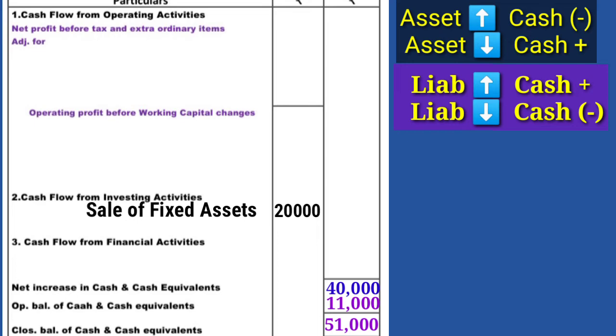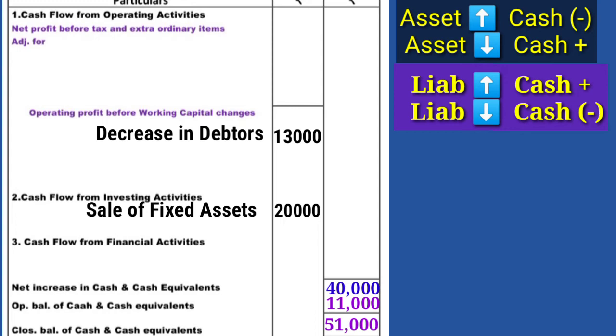Here, debtor 96,000 in previous year, 2012 83,000. So 13,000 is a decrease. So I will write here decrease in debtors. When asset decreases, cash balance increases. So plus 13,000.